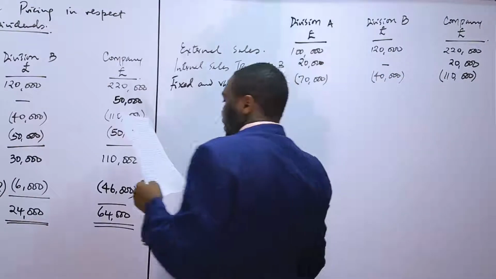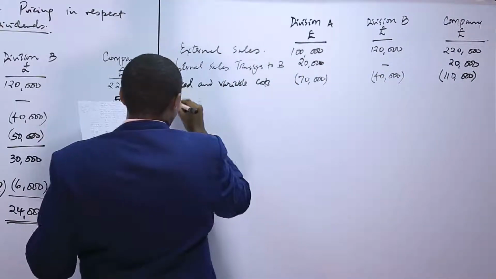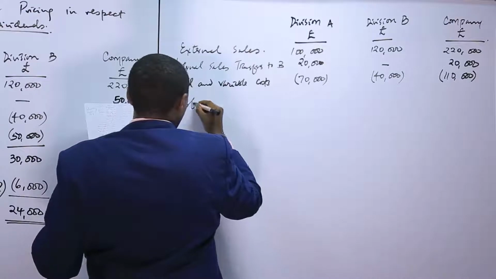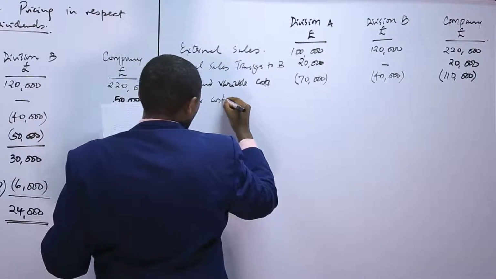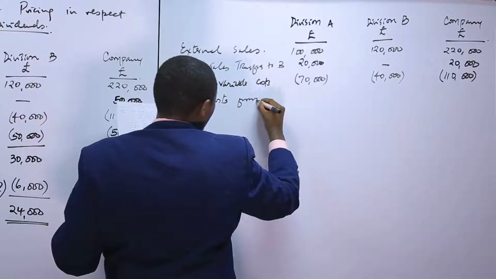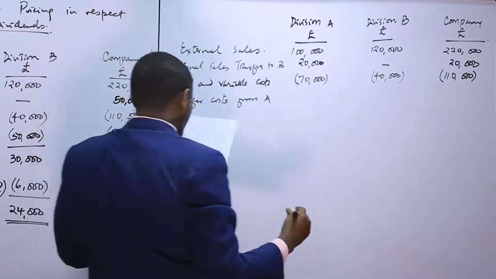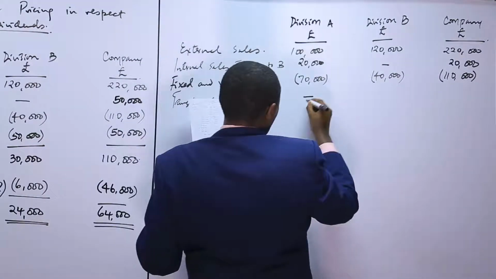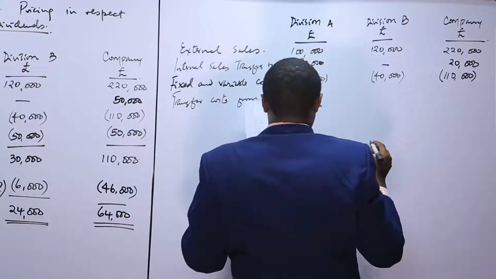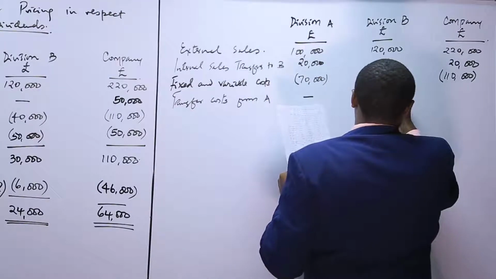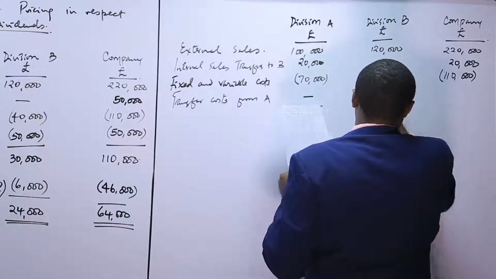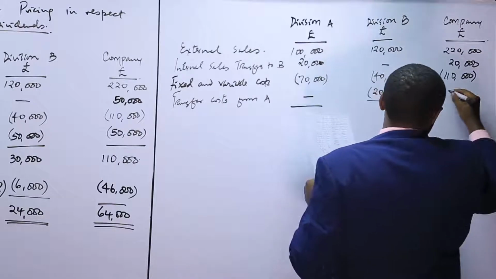So we are also saying that transfer cost from A is nothing, then we have 20,000, and then 20.